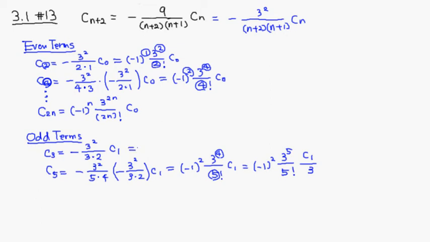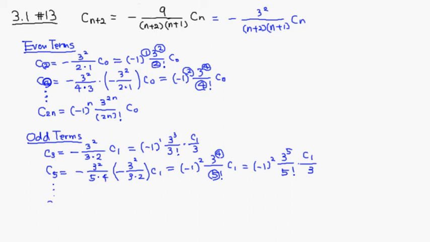So C3 is negative 1 to the 1st power, and 3 to the 3rd power over 3 factorial, but you would have a C1 over 3. Then we can say dot dot dot.